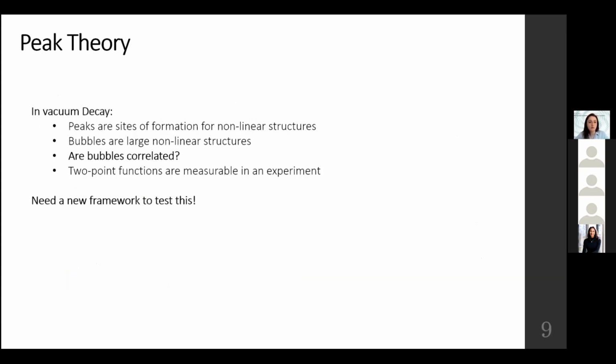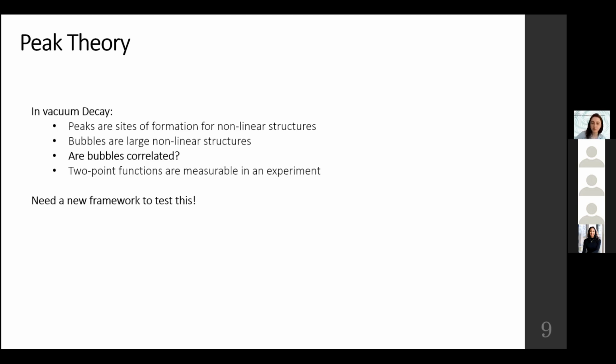So, okay. We have the experimentally known fact that peaks are sites of formation for nonlinear structures. And bubbles are also large nonlinear structures.